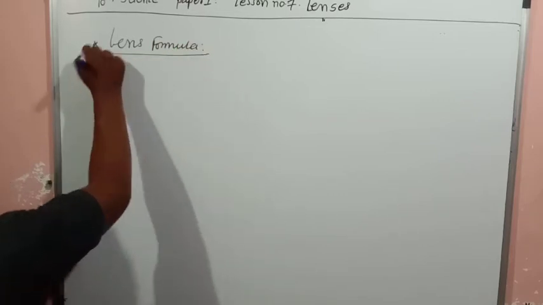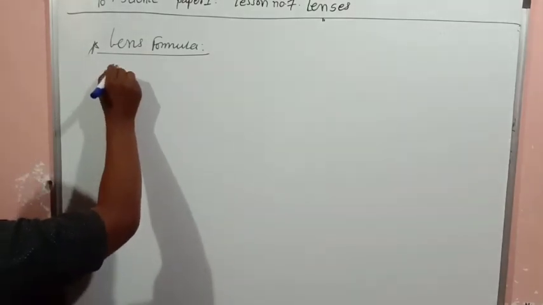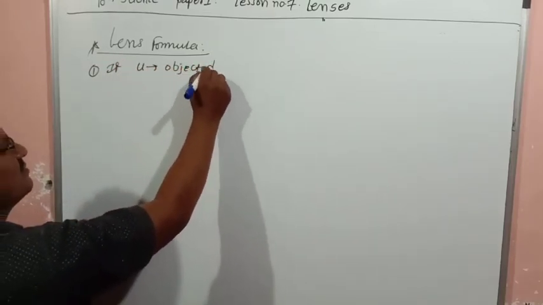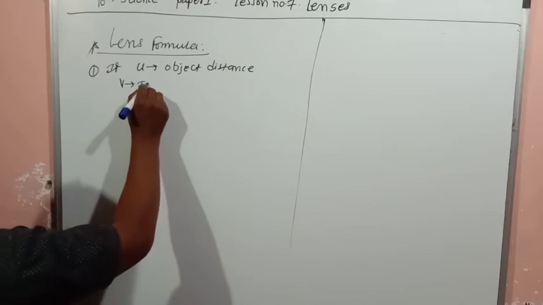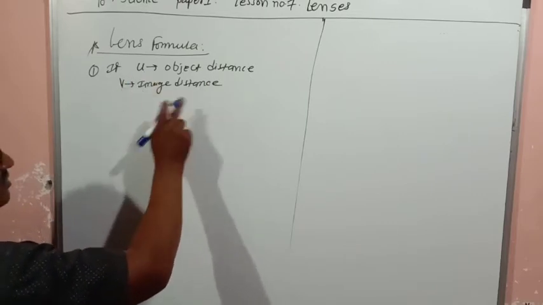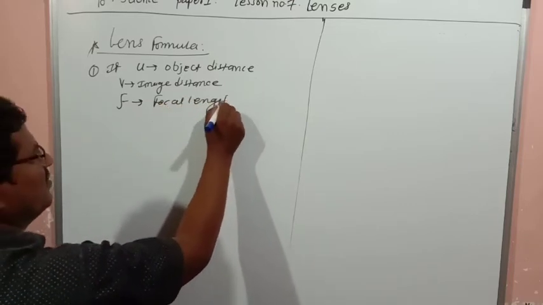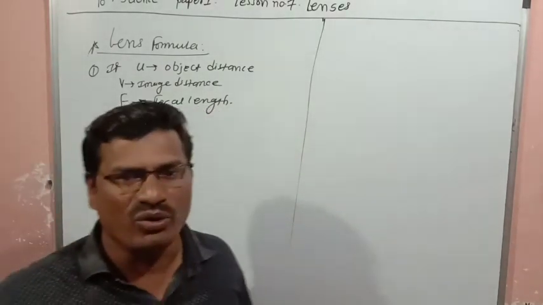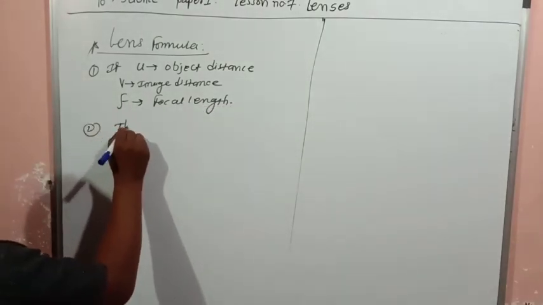Here u is the object distance, v is the image distance, and f is the focal length. These are the terms.